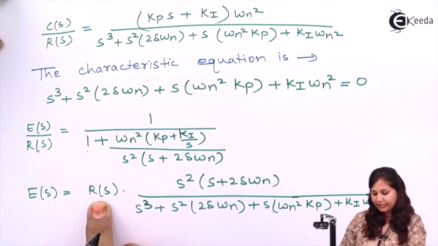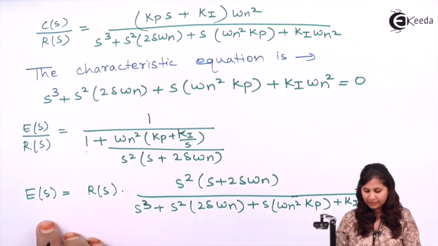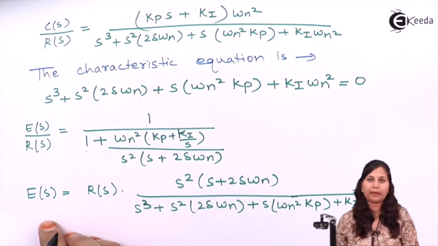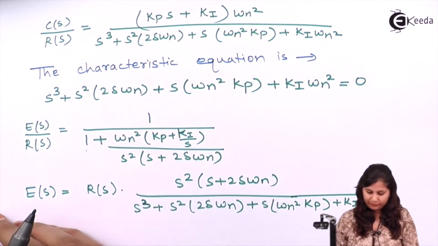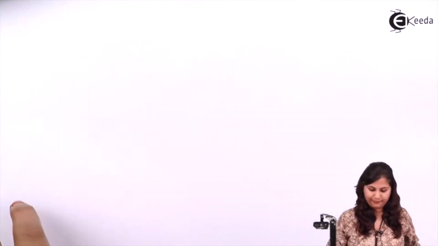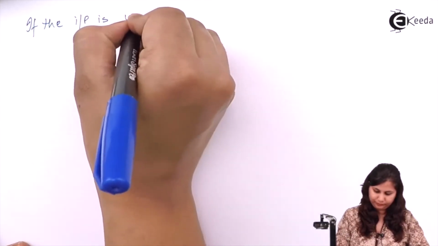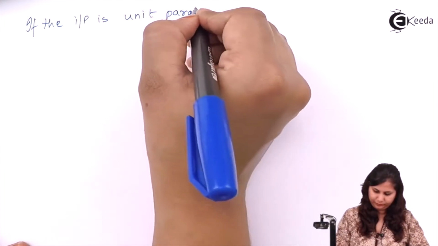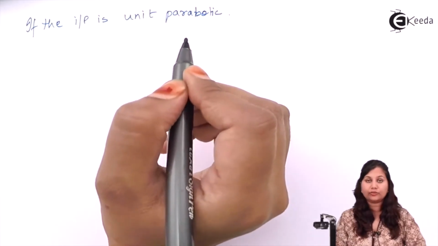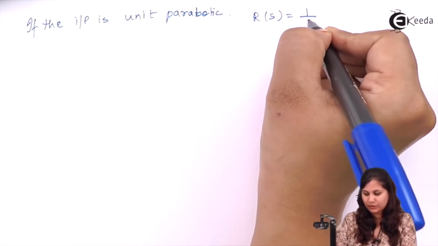Now here we can take different types of inputs. So we will consider here the error signal for the unit parabolic function. We will calculate what will be the error signal for this. If it is a unit parabolic function, then R(s) is equal to 1 by s cube.